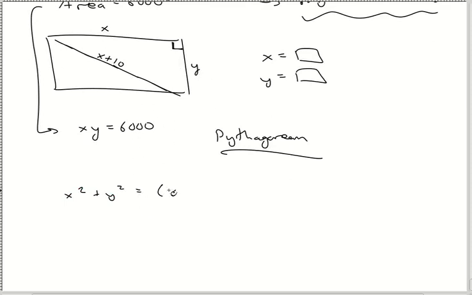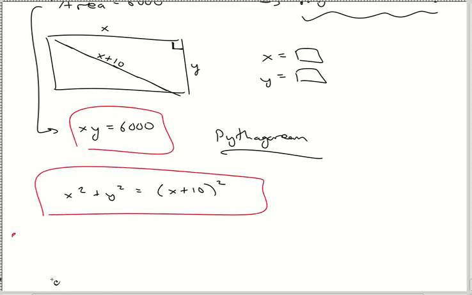Well, that's, in this case, (x plus 10) squared. Okay? So we have, right now, I'm going to use a different color, two formulas and two unknowns. We have two equations and two unknowns. Again, that's the x and y. Meaning we can solve for x and y given what we have in front of us.